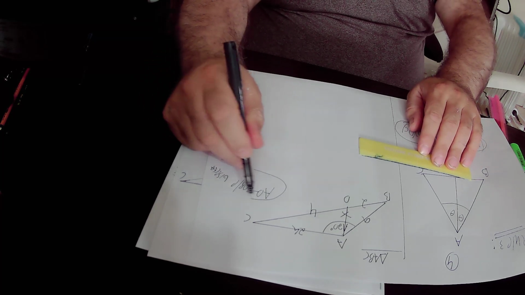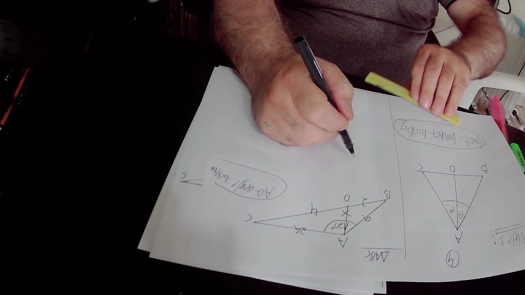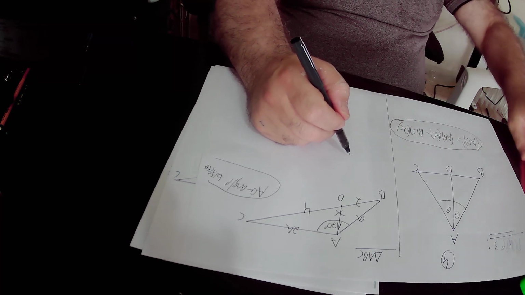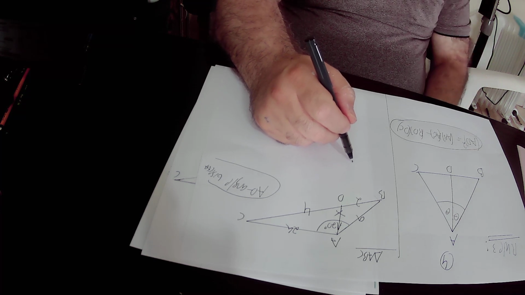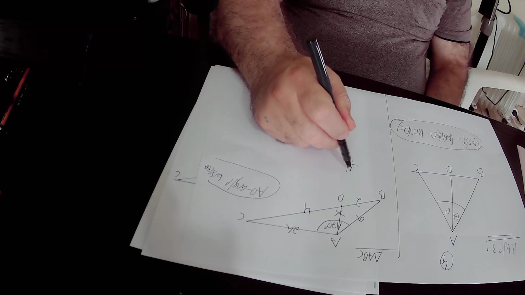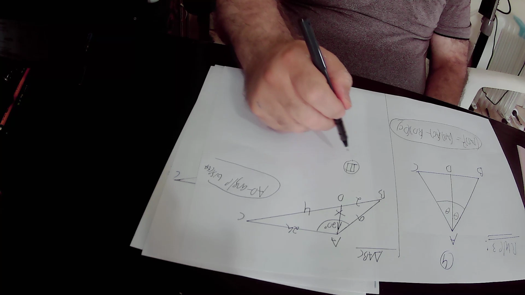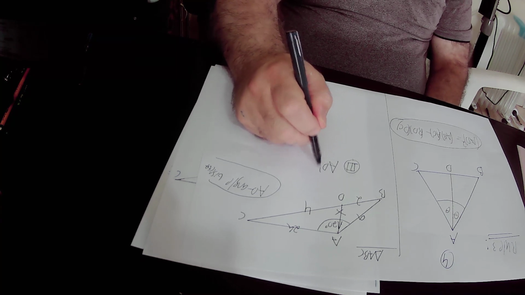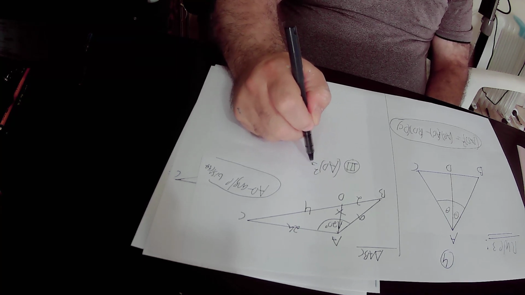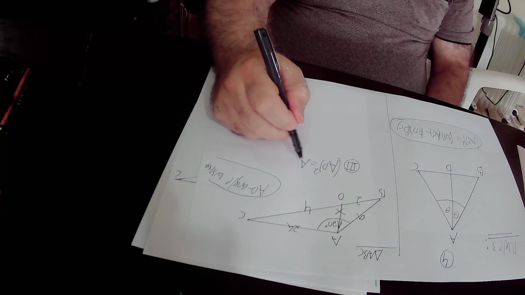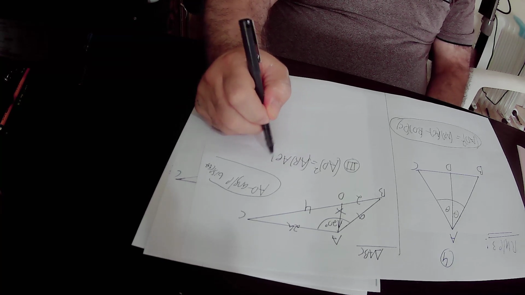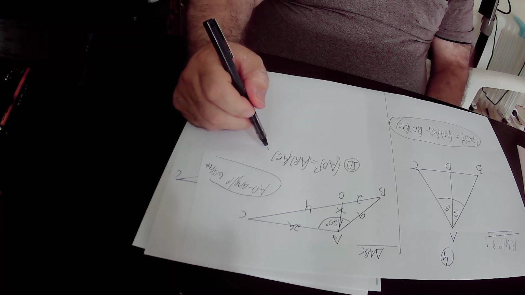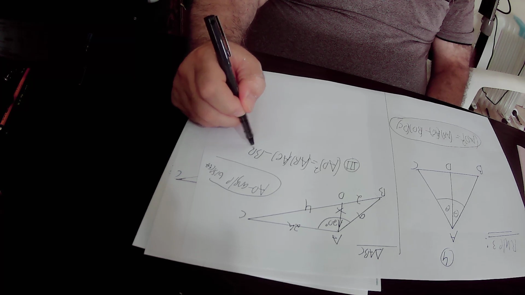AD is angle bisector. Therefore, we will get that according to rule number 3, this will be equation number 3, AD squared equals AB times AC minus BD times DC.